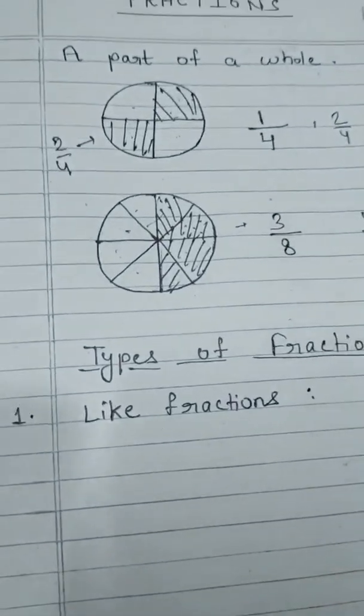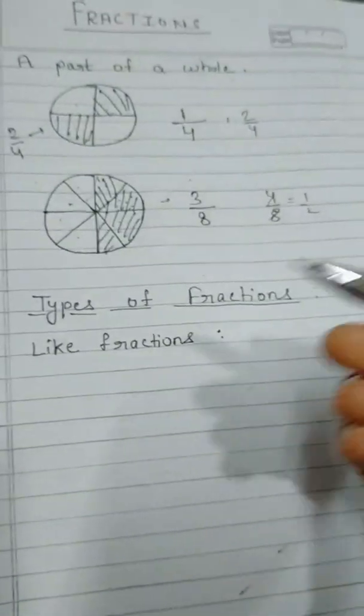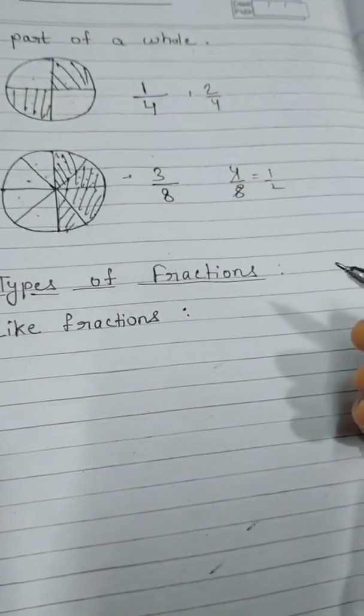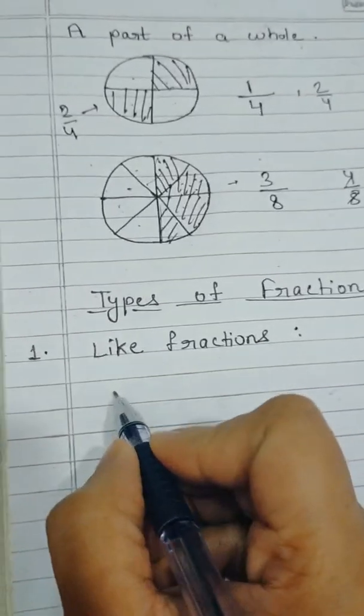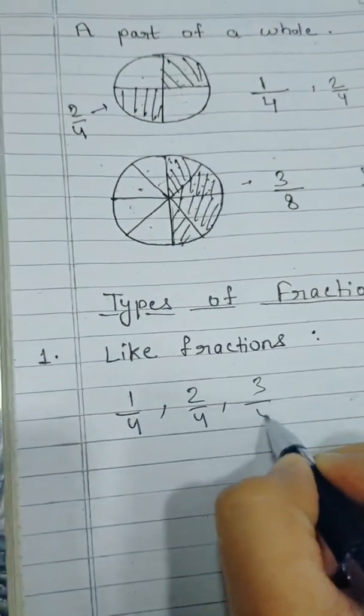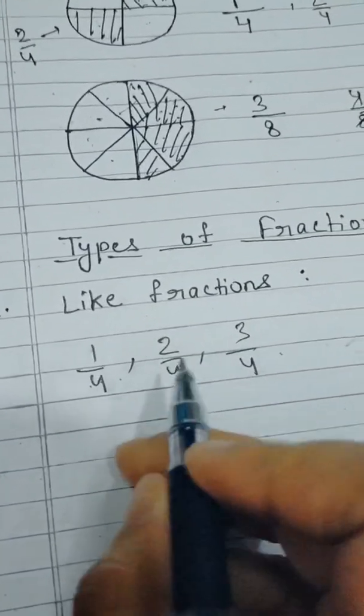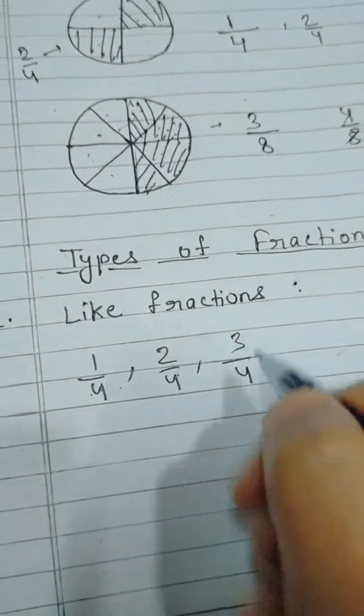So what are like fractions? Like fractions are fractions having the same denominator. Means 1 by 4, 2 by 4, 3 by 4. They have the same denominator 4, 4, 4, but every time the numerator changes.